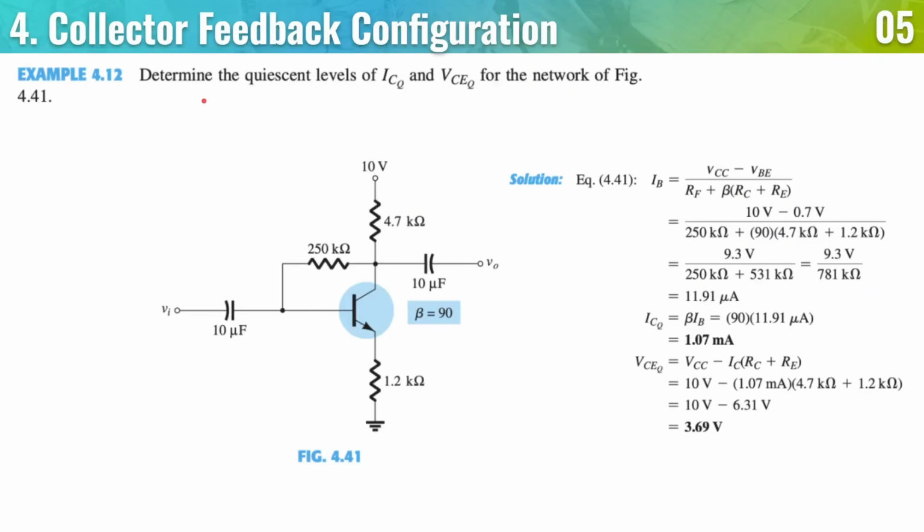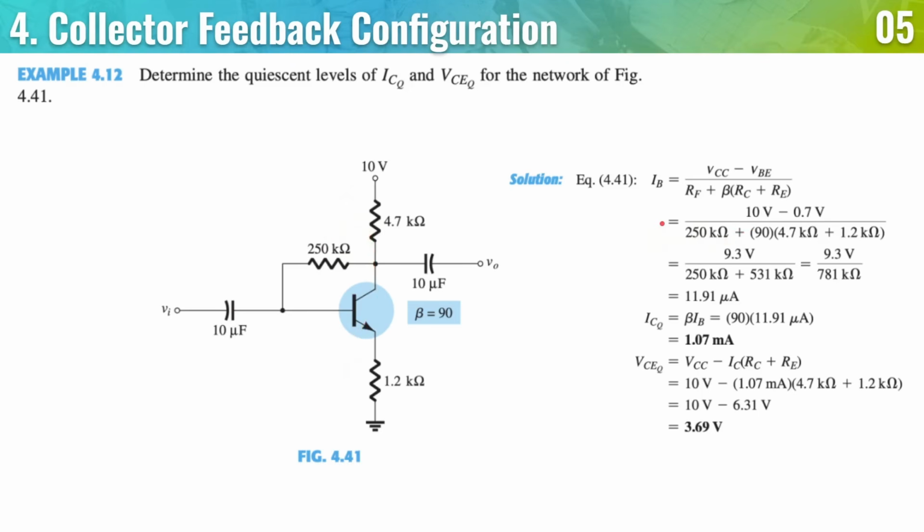So let's determine the quiescent levels of IC and VCE for the network of figure 4.41. So again, what I can see here is that this is our VCC, and then we have a voltage drop here. That's why it's 10 volts minus 0.7. And then for the RF, 250 kilo ohms is along the base.